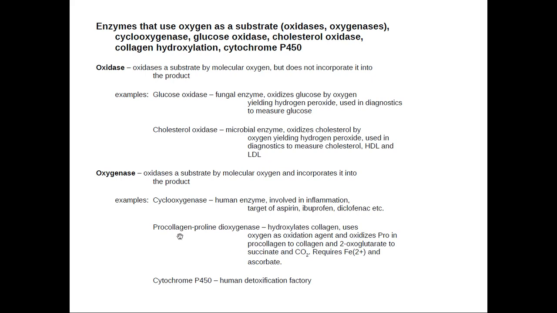So one of the atoms of molecular oxygen will go to this procollagen to form this hydroxyl group on proline, and the second oxygen will oxidize oxoglutarate to succinate and carbon dioxide.